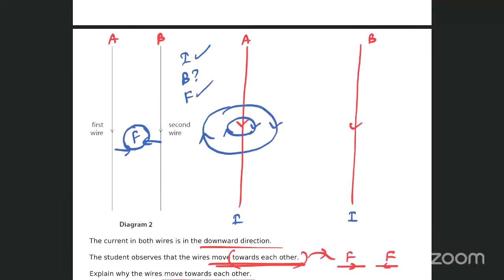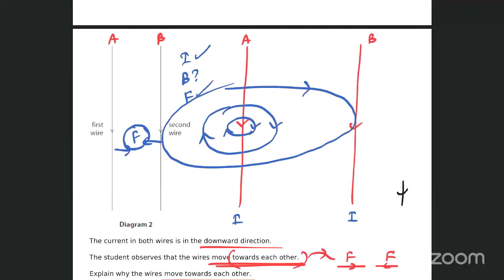The same magnetic field lines will also go through wire B. If we consider B here, the current is downwards and the magnetic field lines are going like this. If we observe from here, the magnetic field is pointing towards you. I'll draw it like this.